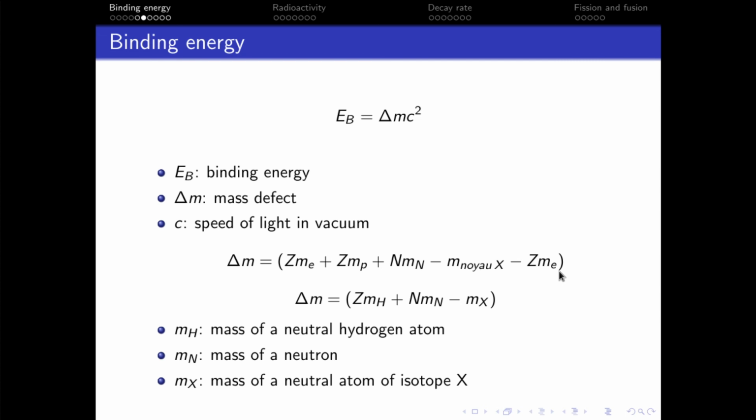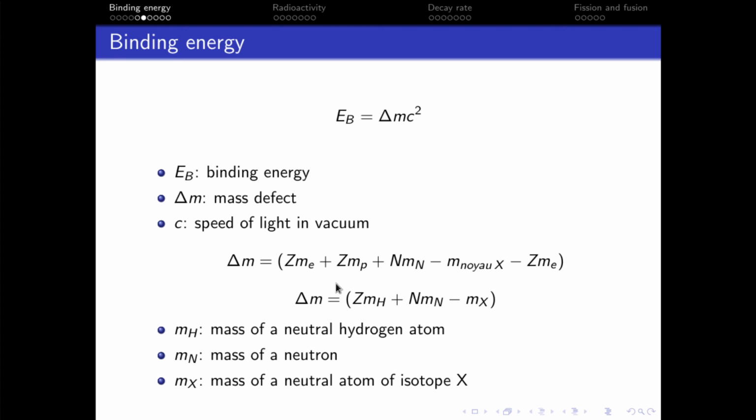Usually, what we have in literature are not the mass of the nuclei themselves, but the mass of neutral atoms, which is why we combine this. Instead of canceling this with this, we'll combine the mass of the nucleus and the mass of the electrons to give the mass of the neutral atom, and we'll combine all of these in two terms as well.